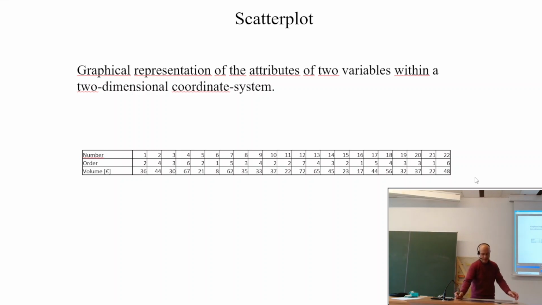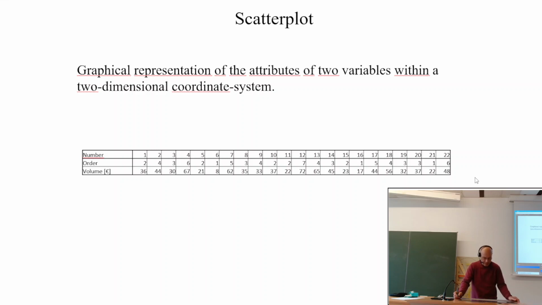And we will start in the simple situation where we have only two variables, and then we speak of an independent variable and a dependent variable, and we want to explain the dependent variable via the independent variable.